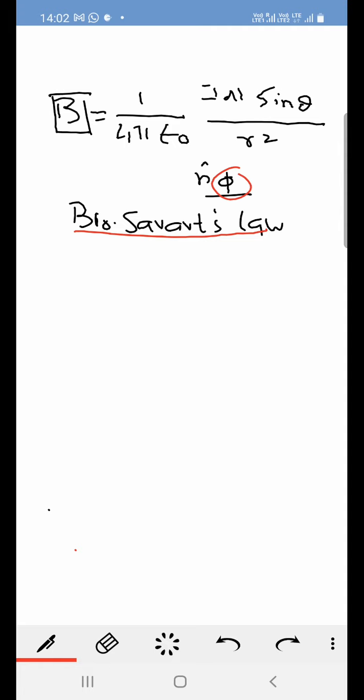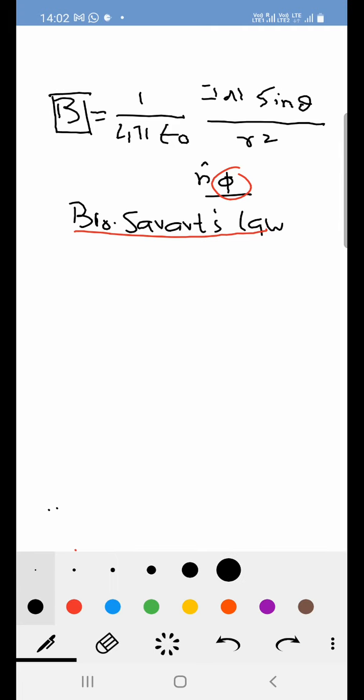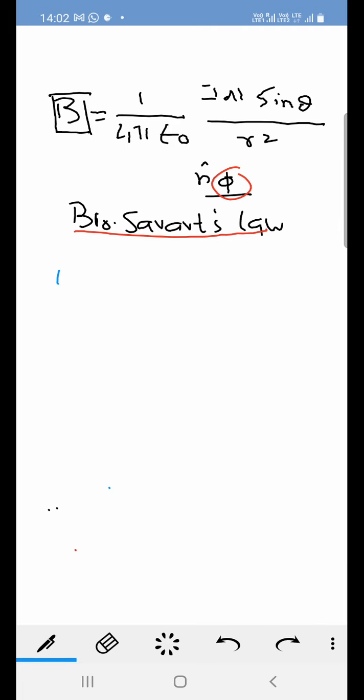If we draw an analogy with the electric field, this electric field has also got three components. One varies as 1 by r cube, one varies as 1 by r square, and one varies as 1 by r.